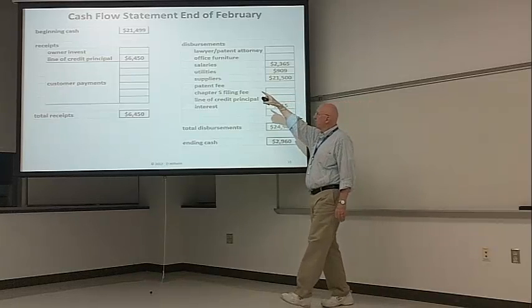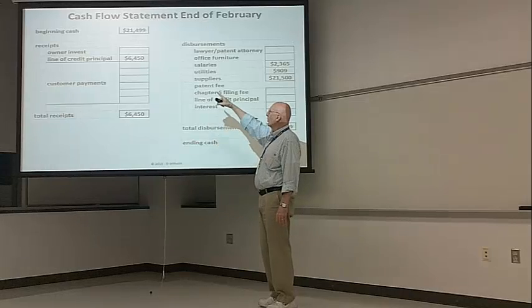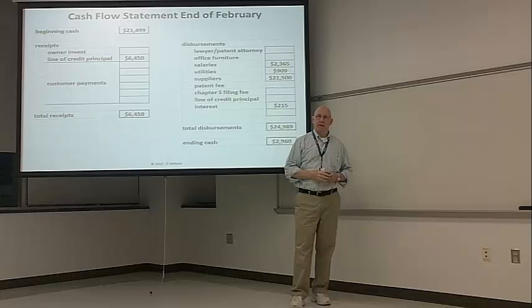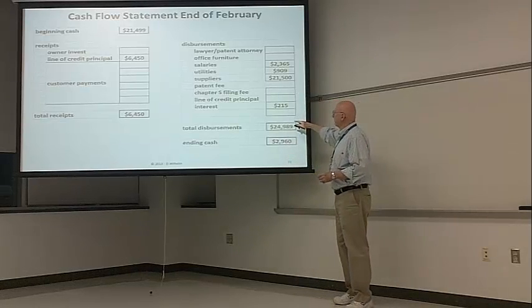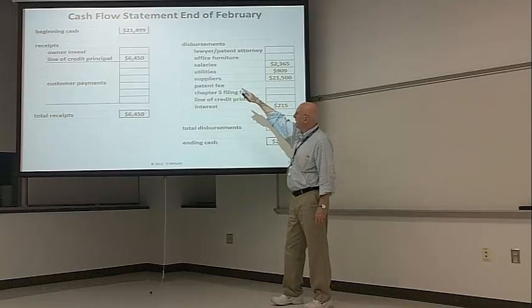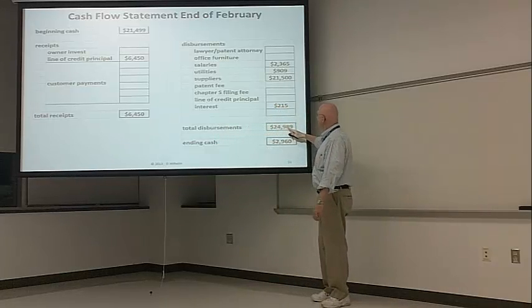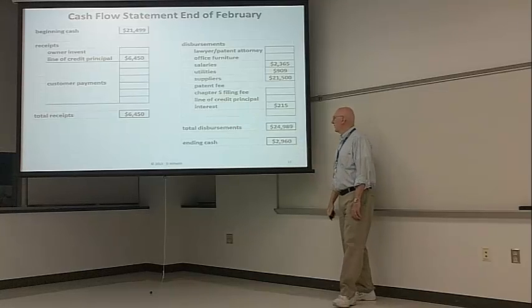Beginning cash plus total receipts. And total receipts consists entirely of drawing on that line of credit. More disbursements. So the ending cash is $21,499 plus $64.50 minus $24,989. So we've got $29.60 left over.